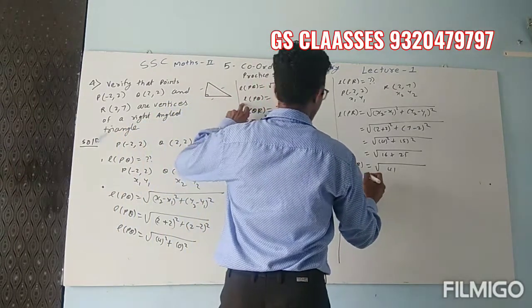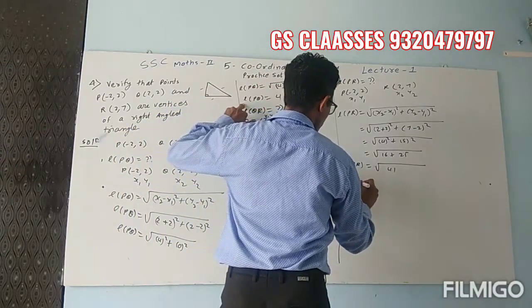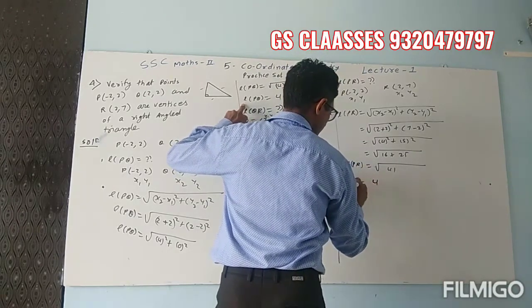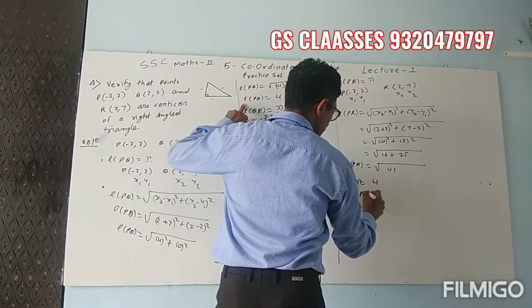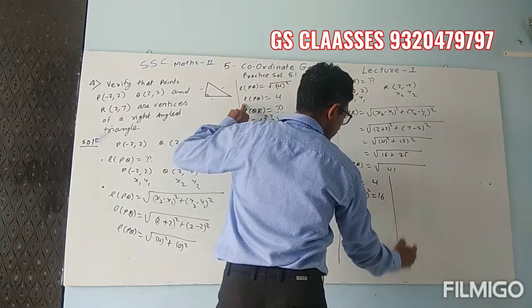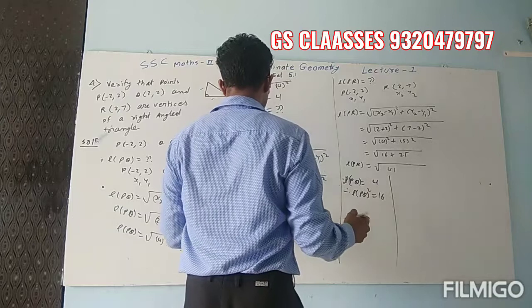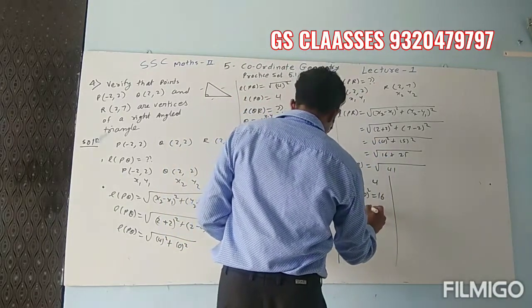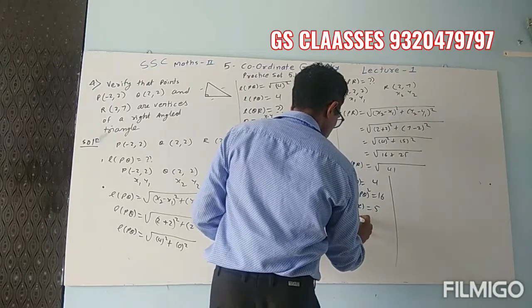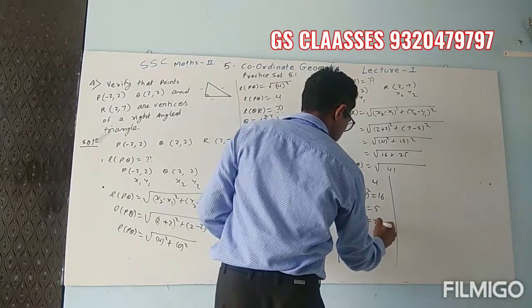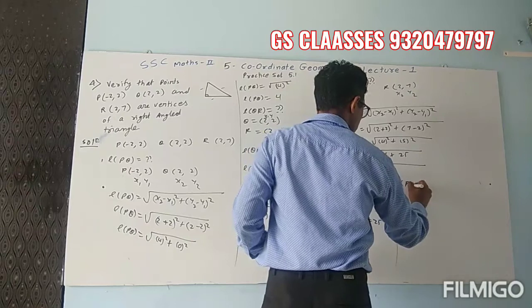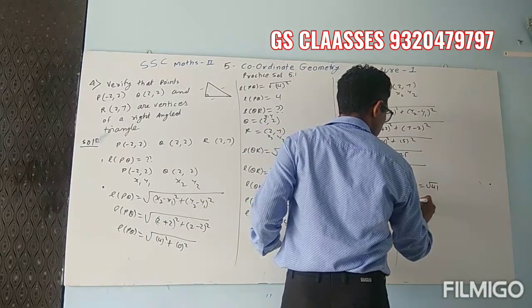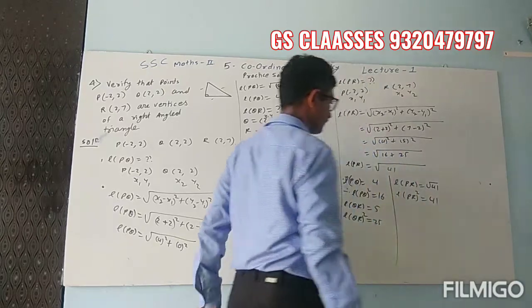Length PQ is 4, so length PQ square will be 16. Length QR is 5, length QR square is 25. Length PR is under root 41, length PR square is going to be 41.